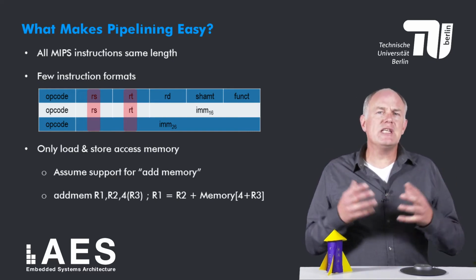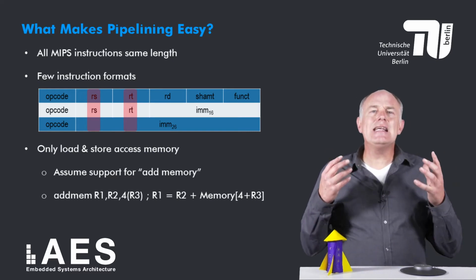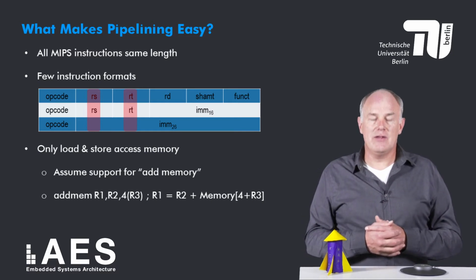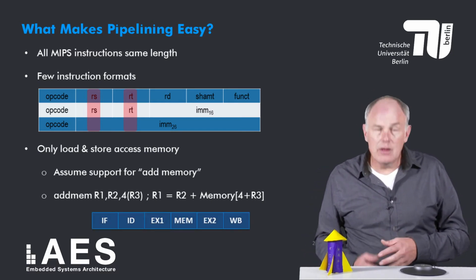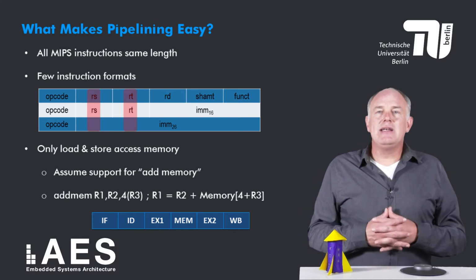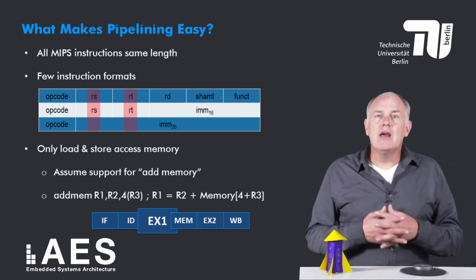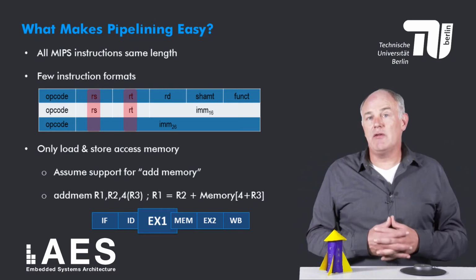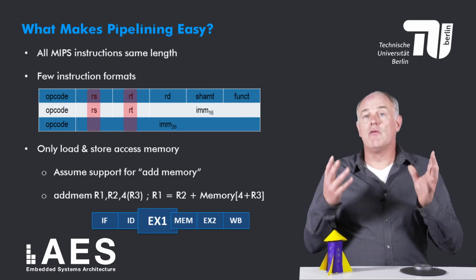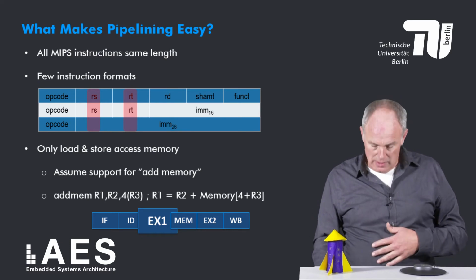To support such instructions, we would need at least an additional execute stage, as shown in this pipeline diagram here. The first execute stage is needed to calculate the effective address, in this case 4 plus R3.